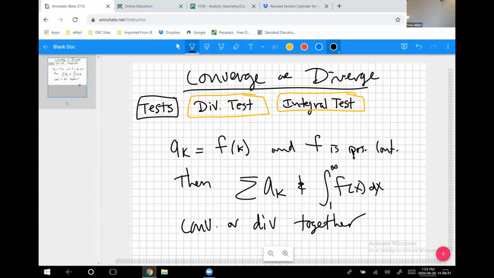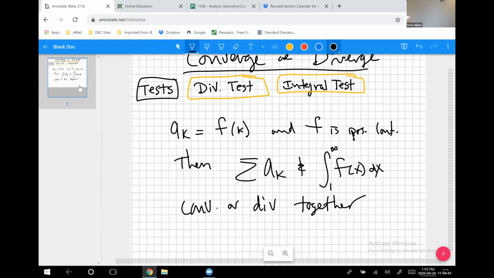And you may or may not recall that there was something called a p-series that came from that, where we were able to determine whether the area under functions converged or not based on powers of power functions. But there are other functions too that you could use, and then you can determine convergence or divergence using the integral test. And we'll take a look at that in a second.